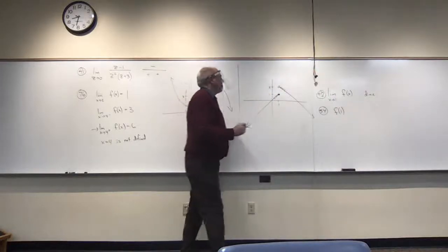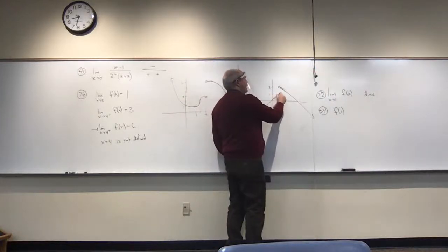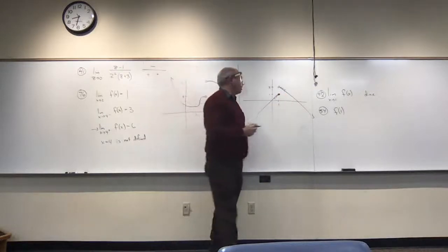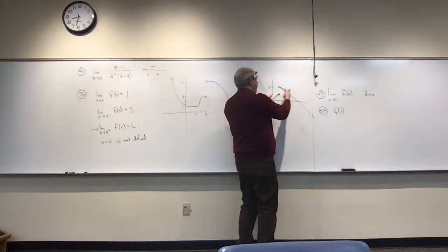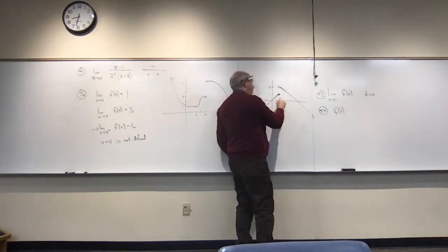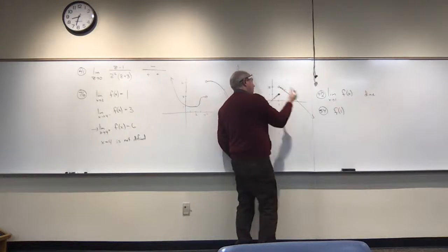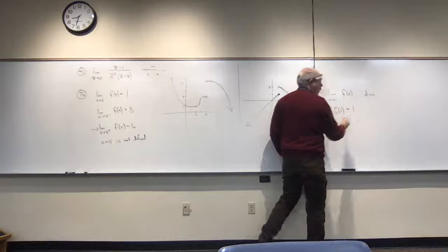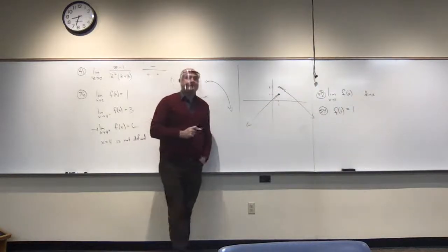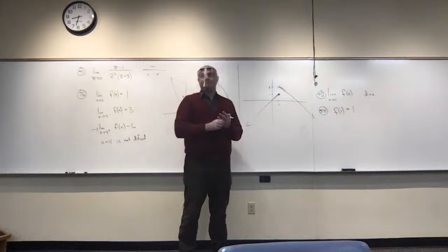So f of 1 in this case, it's just where is the actual dot. The limit is saying what's going on around 1, and f of 1 is saying what's going on at 1. So at 1, we're actually landing on, in this case, 1. Does that make sense?